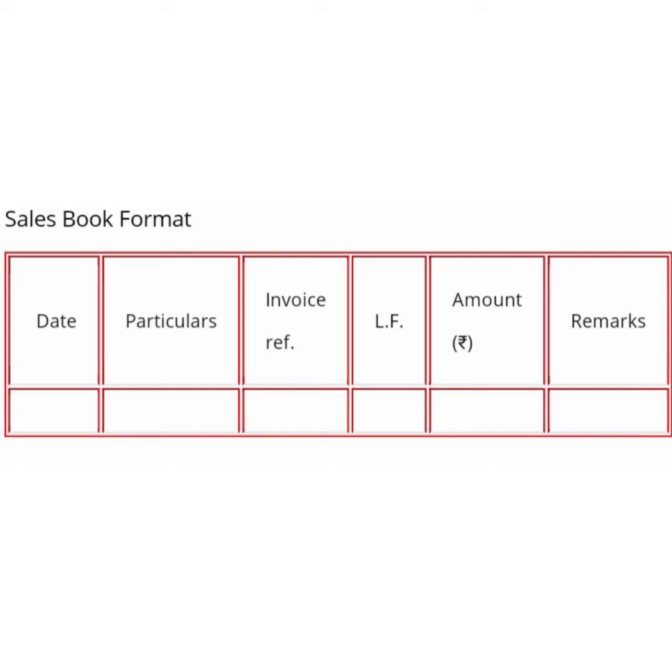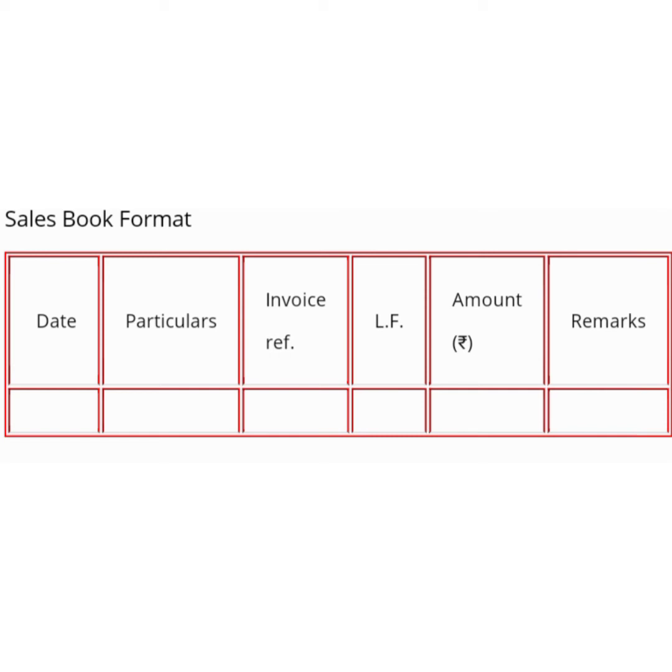Particulars column records the name and address of the person or parties to whom goods have been sold. Names, types, size, number, quantities, and other specific features of the goods are also recorded.